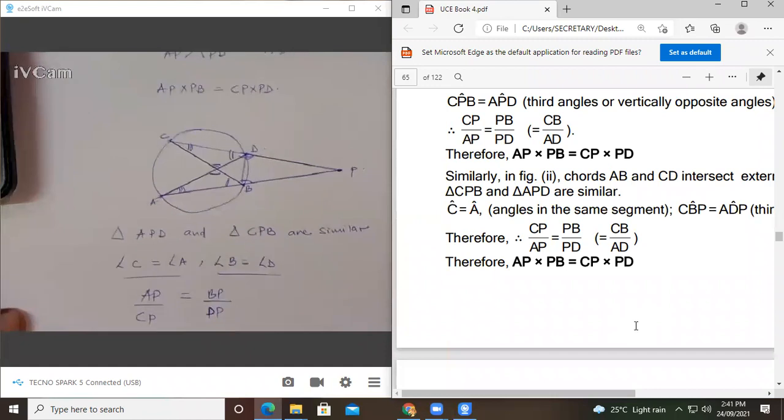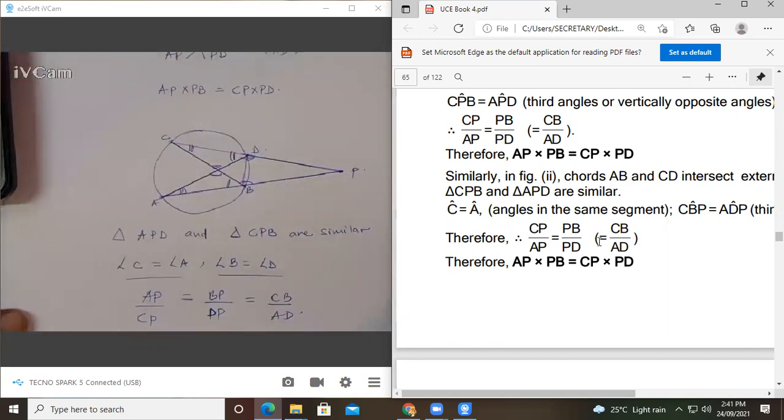They are using the property of similarity, full stop. That's what they are using. But they are also telling you that this one is equal to CB over AD.